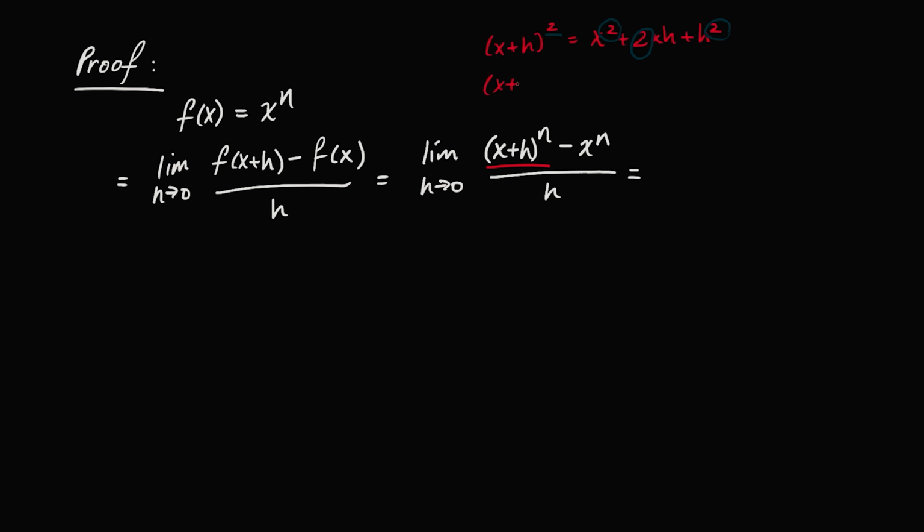So x plus h to the third power is equal to x cubed plus, let's see, using Pascal's triangle: 1, 1, 2, 1, and then 1, 3, 3, 1.